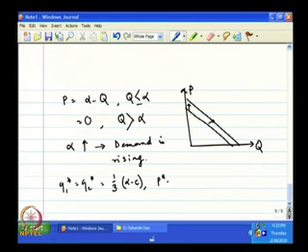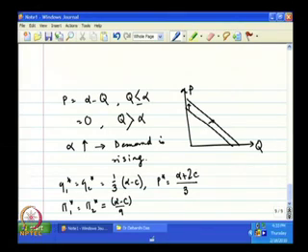P star is given by (alpha plus 2C) divided by 3, and the equilibrium profit is given by ((alpha minus C) divided by 3) whole square, and capital Q star, that is total output, is (alpha minus C) multiplied by 2 divided by 3.